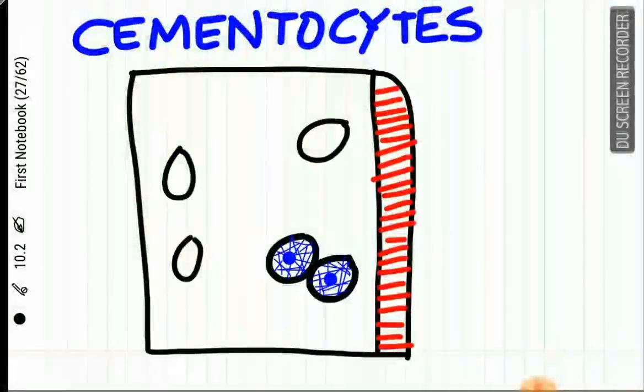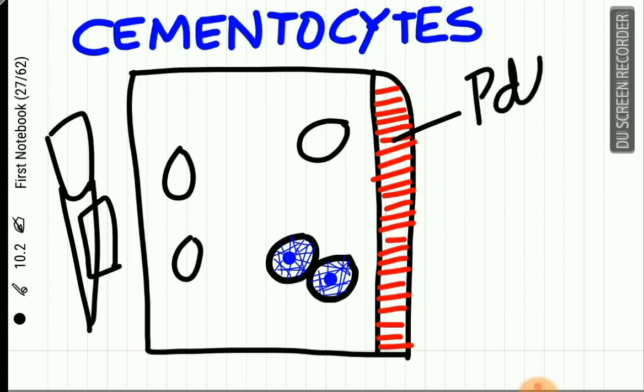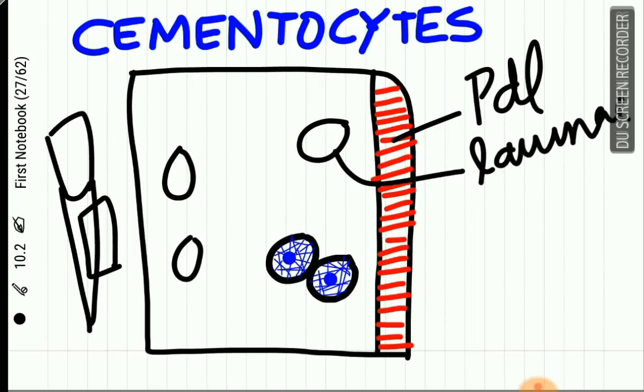Now, let us study the cementocytes. The cells which form the cementum are called cementocytes. Suppose this is a diagram of the root. This is the tooth, and if we focus on this area of the root, we can see a layer of the periodontal ligament, and the underlying cementum shows the presence of cementocytes, which are present in empty spaces called lacunae.